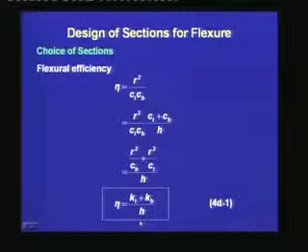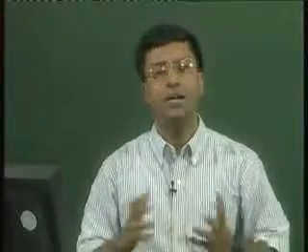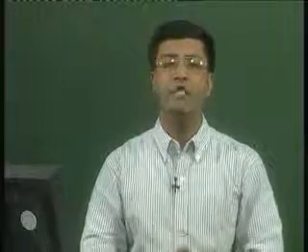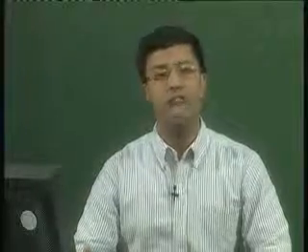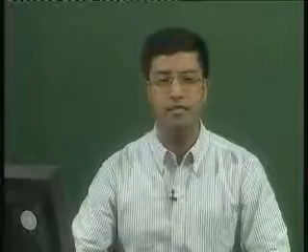Thus, we have defined a quantity to compare different types of sections regarding their flexural capacity. Just remember that here we are talking of the bending in the primary longitudinal direction. We are not talking of any transverse flexure in this quantity.